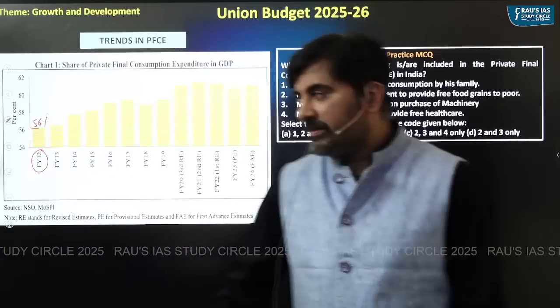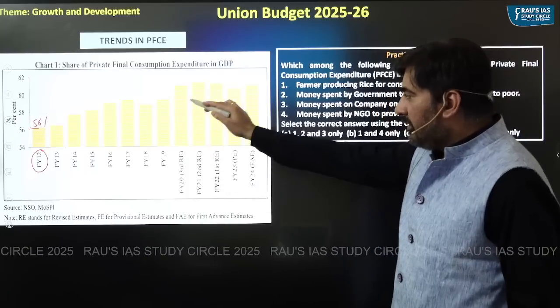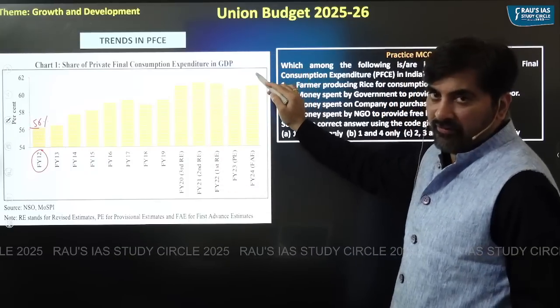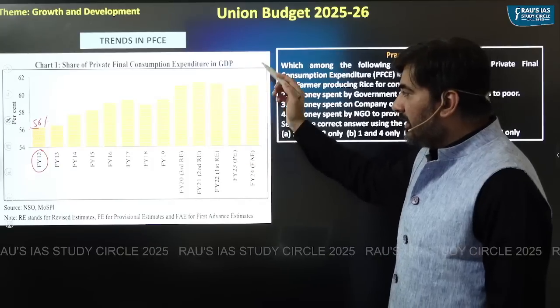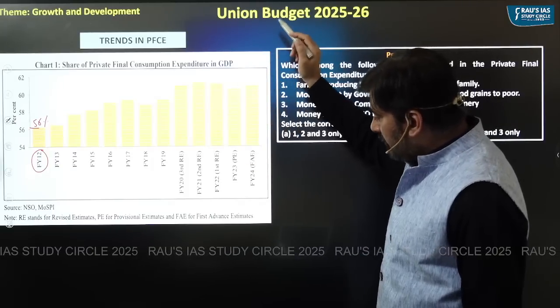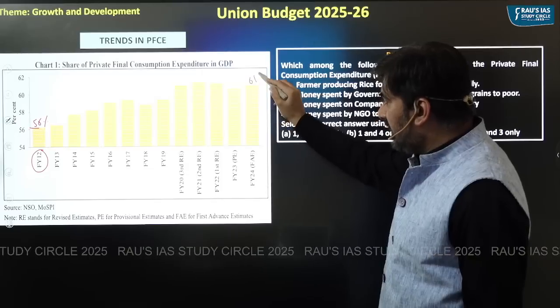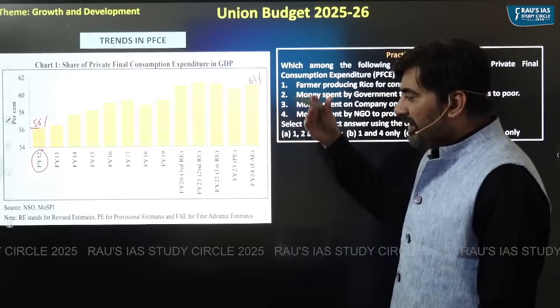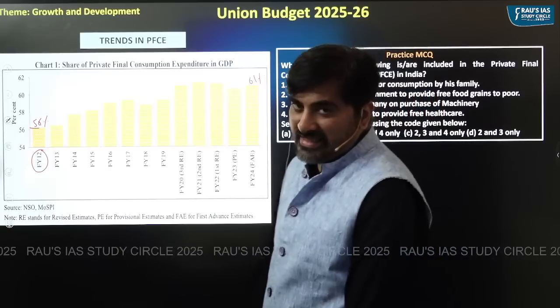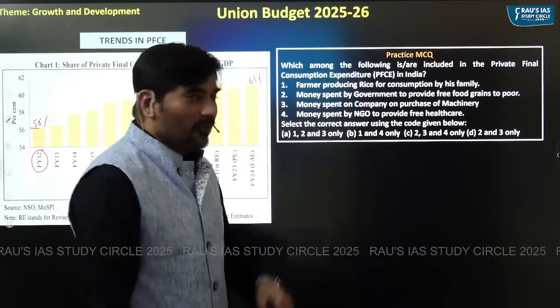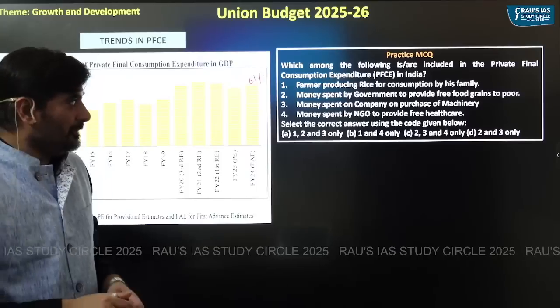From 56%, there has been an increase in our private final consumption expenditure in the last decade, and it has now increased to somewhere around 61%. So please know the general trend in terms of PFCE. Let's look at this particular practice question here.